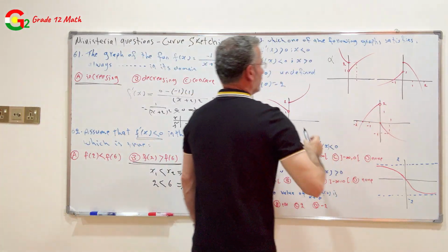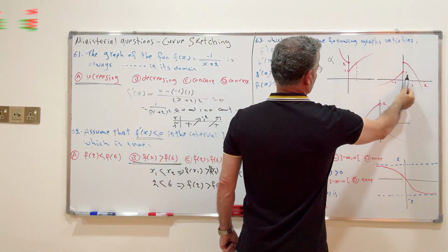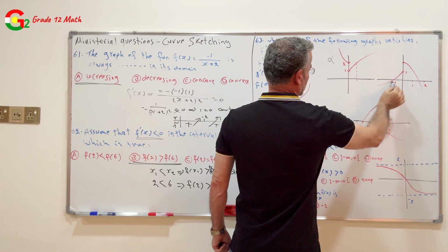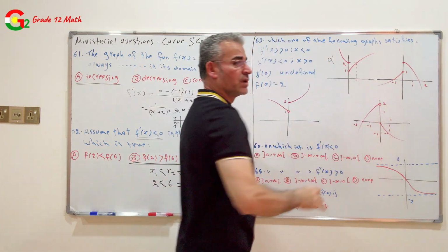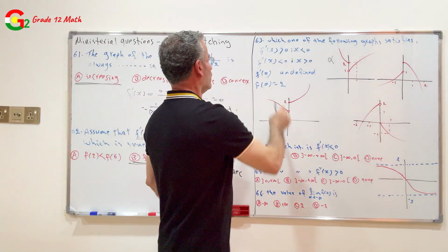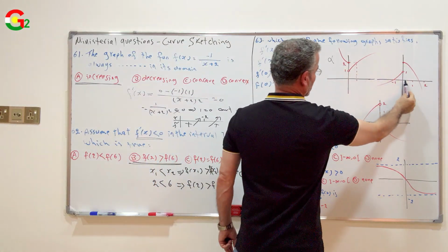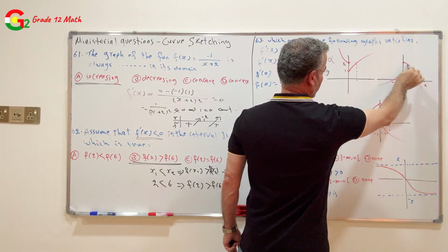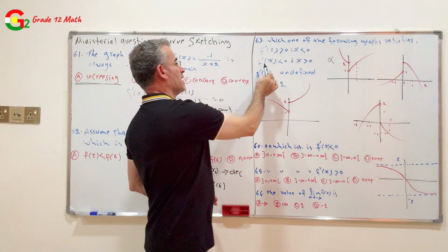The second graph, f prime of x greater than 0 when x less than 0. When x less than 0, the graph is increasing, therefore f prime of x is greater than 0. F prime of x less than 0 when x greater than 0. When x greater than 0, the graph of the function is decreasing, therefore the derivative should be less than 0.